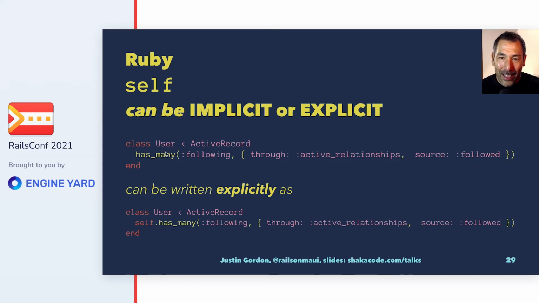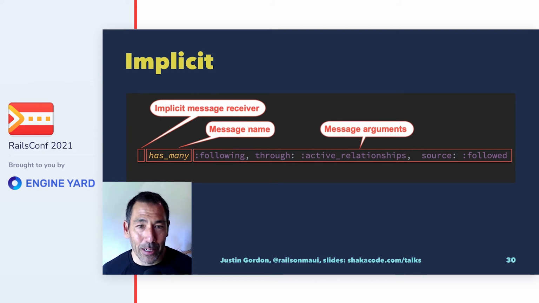So we've got class user, has many, and it's got this method call here, but you can write this explicitly as self.hasMany. And once we do that, we can see exactly where is that hasMany method, what is it actually acting on? Going from implicit to explicit is really the main part of this talk.